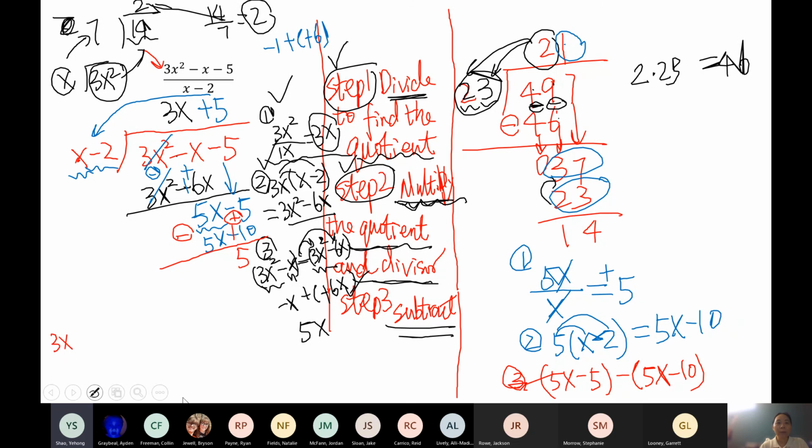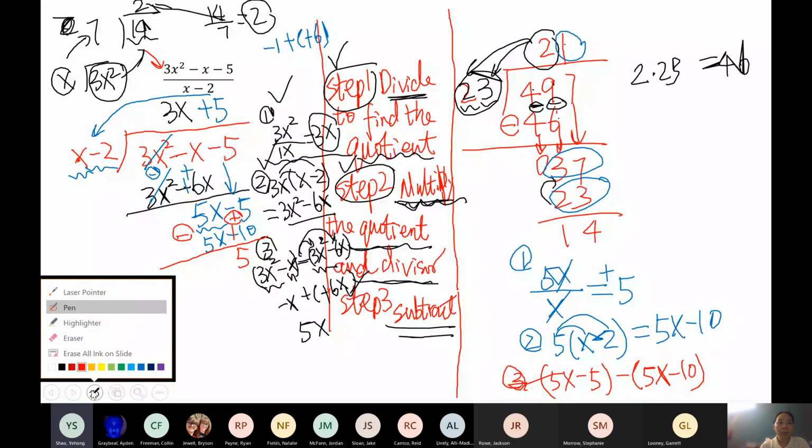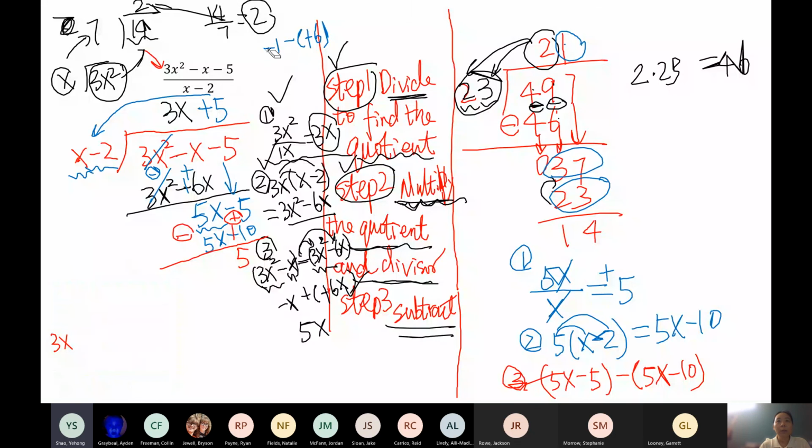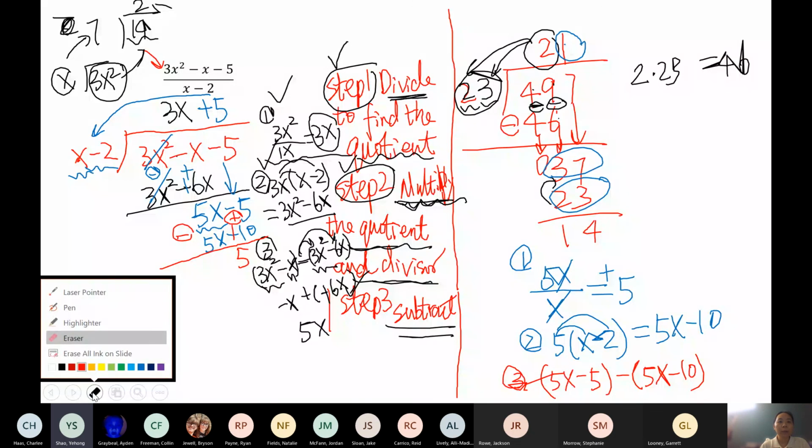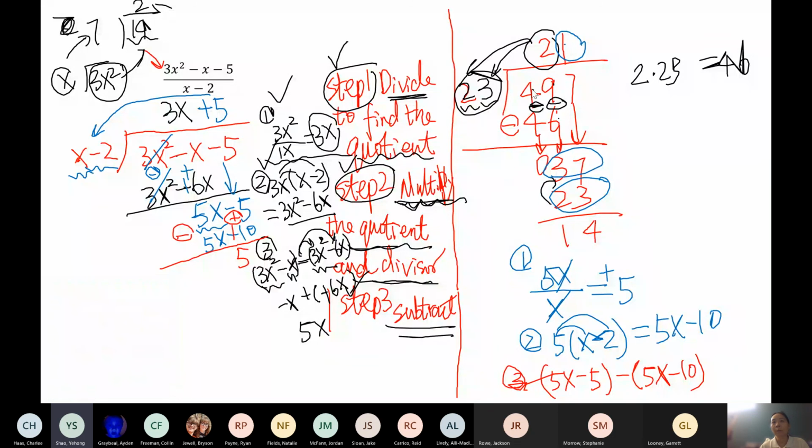Let me see if I can just go ahead and put the answer up there. So similar to the problem we just did, when you divide 497 by 23 and write it as a mixed number, that would be 21 plus 14 over 23.